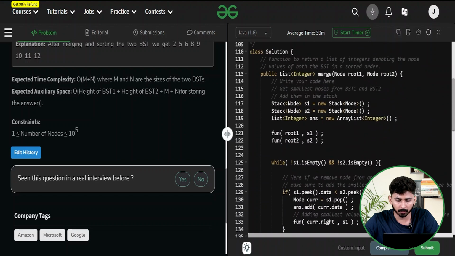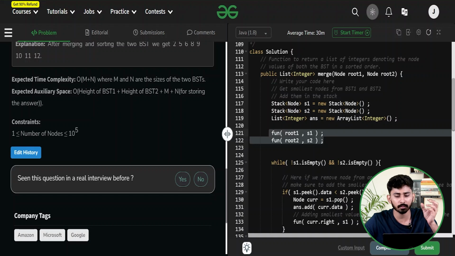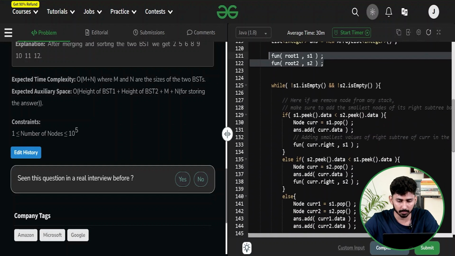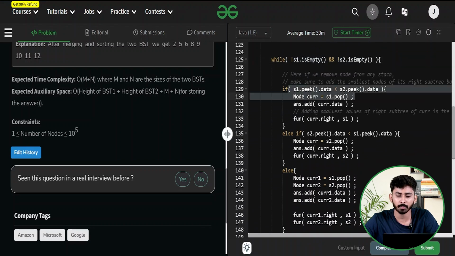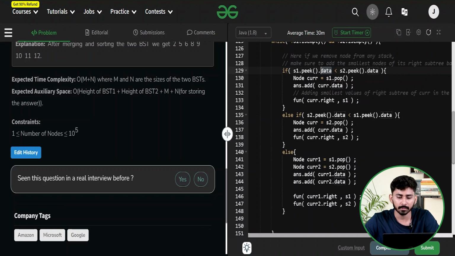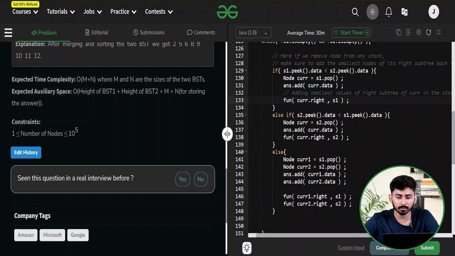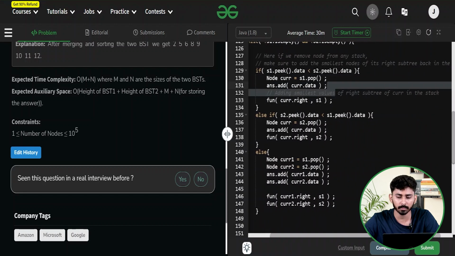Okay, so moving back to this merge function, I have taken two stacks S1 and S2. I have taken an answer list to store the answer. Now I'm calling the function for the initial BST1, BST2 and inserting the elements inside S1 and S2. While the stacks are not empty, I am checking whichever is the smallest element. If I see the S1 top is the smaller one, then I will insert that inside my temporary variable current, add it inside the answer, and then add the smallest values of the right subtree of current inside the stack.